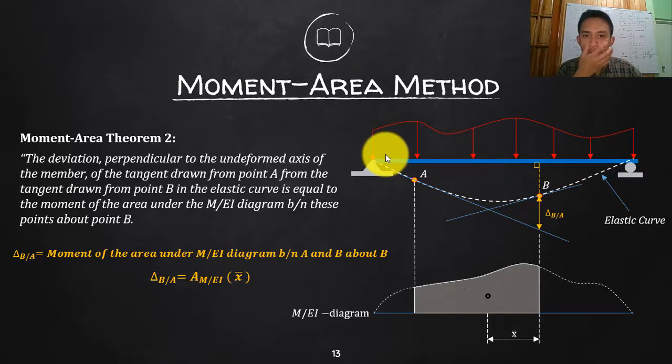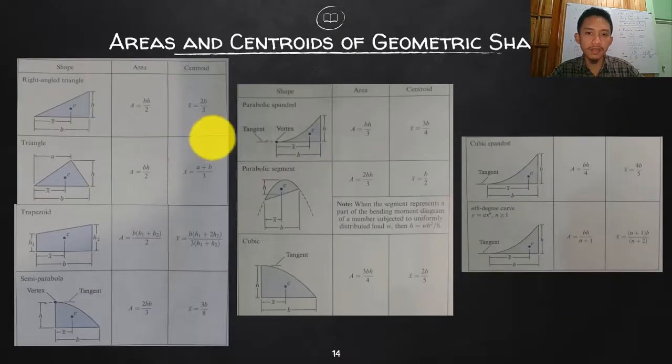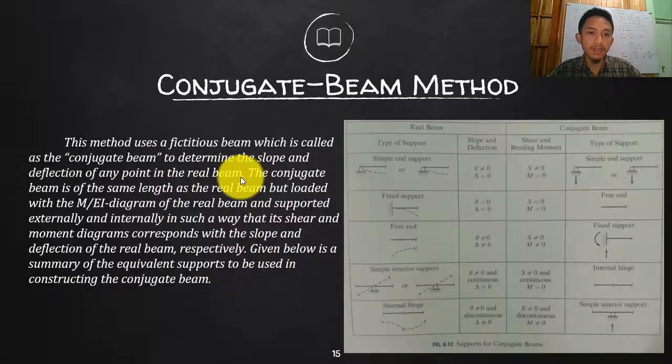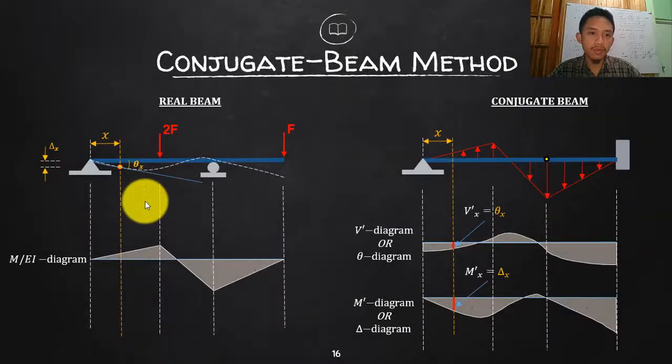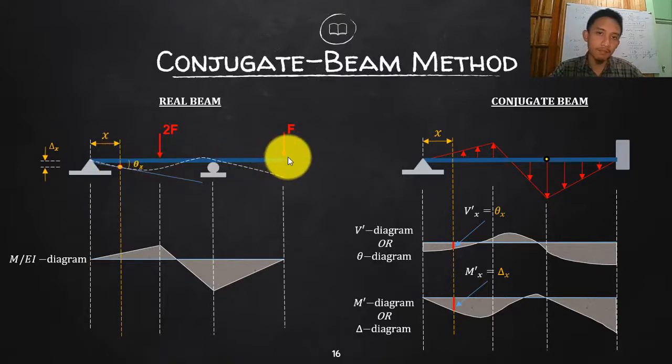Okay, so that is the disadvantage of your moment area. But in your conjugate beam, that is the advantage because whatever theta or slope we will be solving is automatically reckoned from your beam, and whatever delta or deflections that we will be solving is automatically reckoned from your original beam or original undeformed shape of the beam.